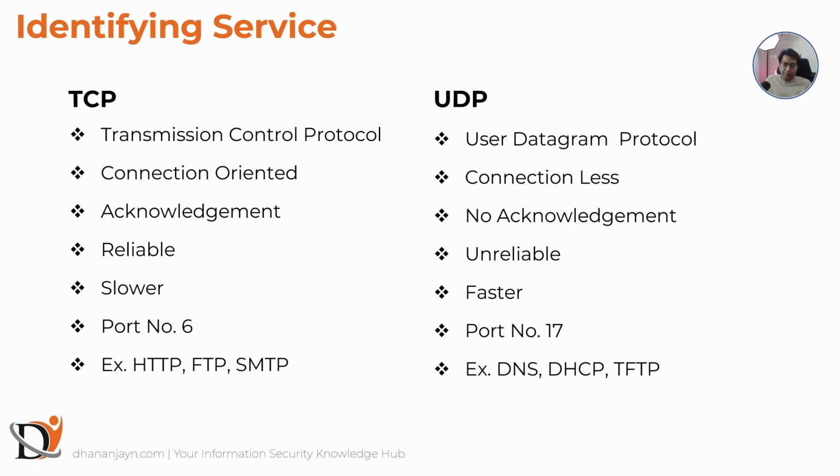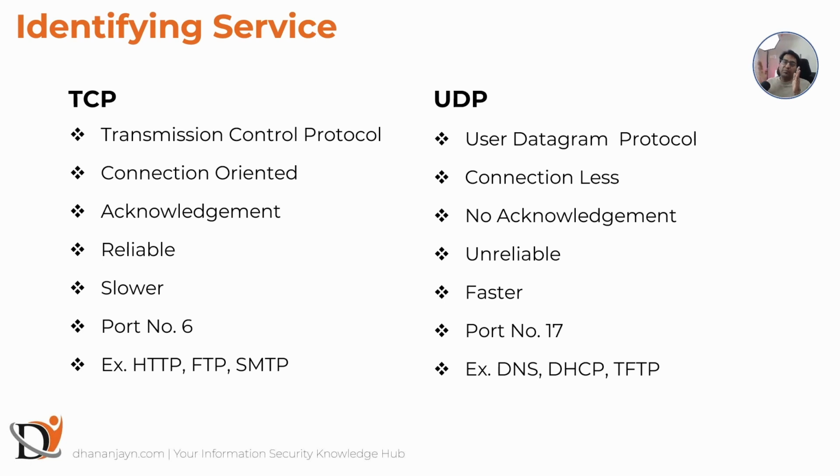So there is a reason why these two services were created. Let's understand them one by one. TCP stands for Transmission Control Protocol, whereas UDP stands for User Datagram Protocol. TCP is a connection oriented protocol where the source, if it's sending something to the destination, will get an acknowledgement that yes, I have received your request.